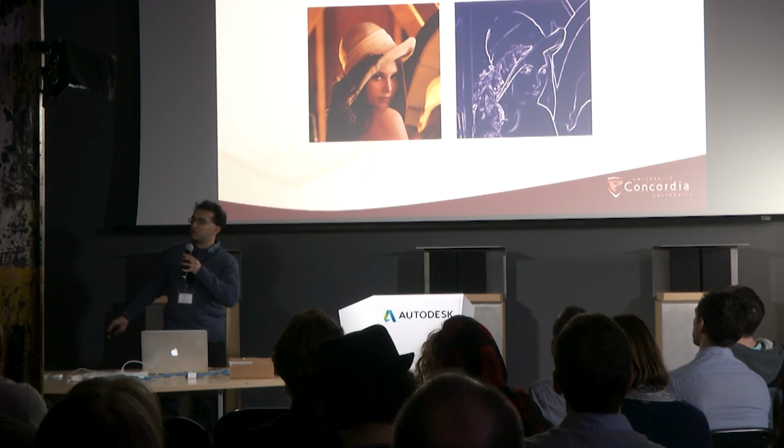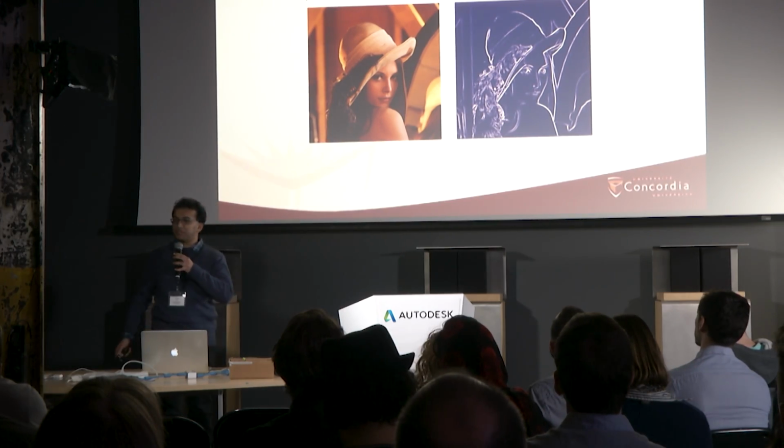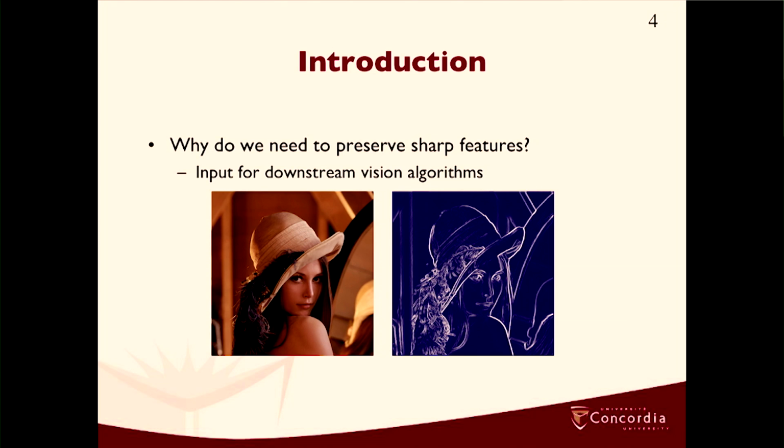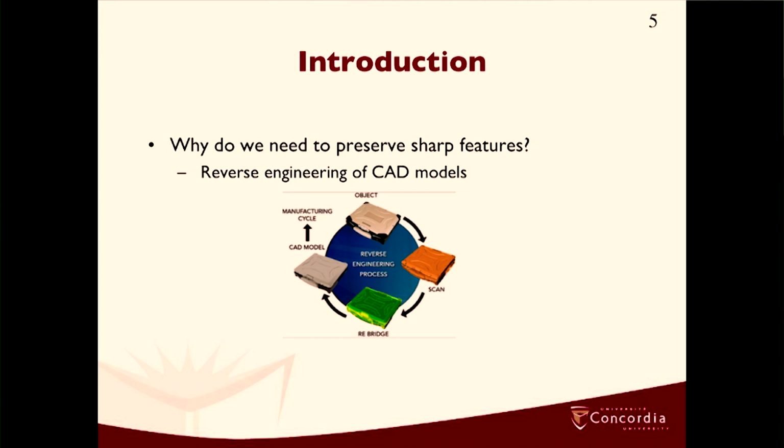And why is it important to preserve these sharp features? One really obvious one, which people in image processing will probably be familiar with, is it provides edges and other features for downstream computer vision algorithms.